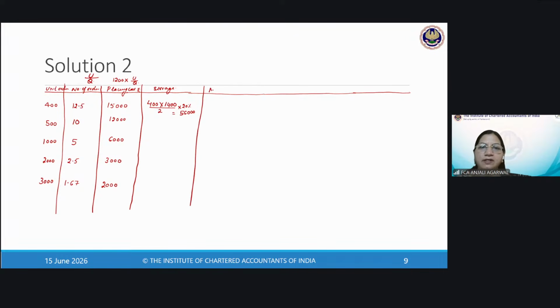What would be the material cost? Material cost would be 5,000 units are going to be ordered, 12.5 times, 400 units each, and 5,000 multiplied by 1400 would be your total material cost. Which comes out to be rupees 70 lakh.